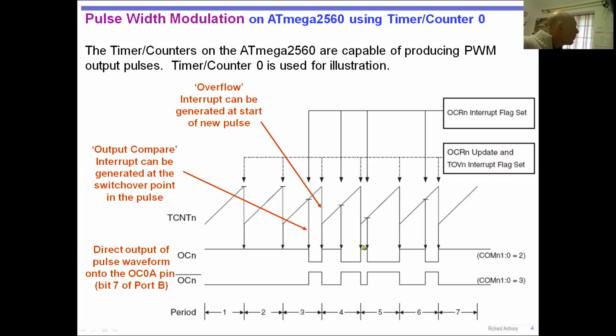If it's high 1/5 of the time, then it's a 20% duty cycle. All right, and that's really what we need to know on this slide. And these timing intervals, the actual periods, are always the same because this is going from 0 to 255 every time.